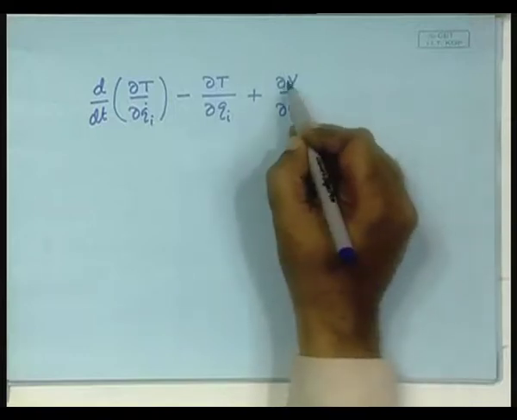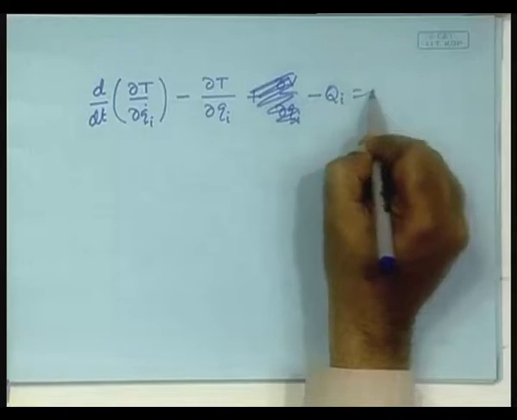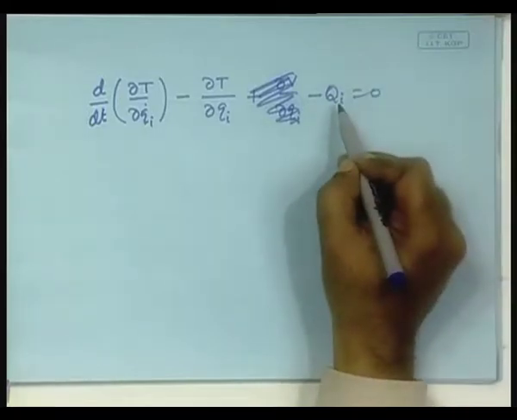Oh, sorry, at this stage it was minus Q_i equal to 0. And then we had substituted this by this, right.